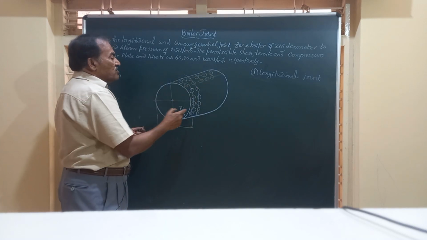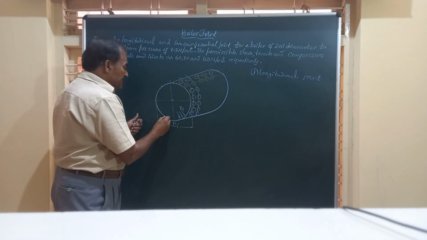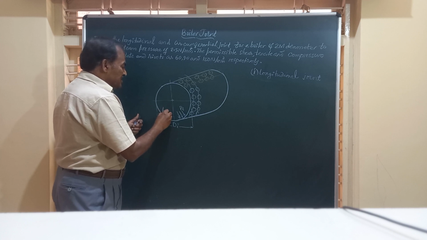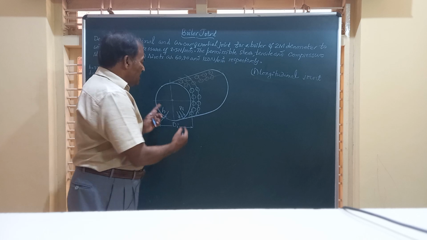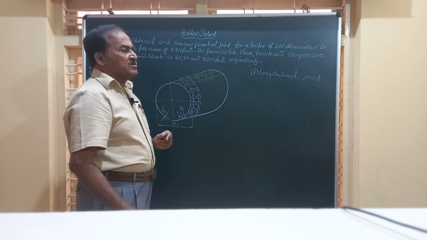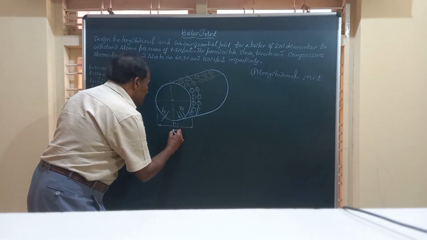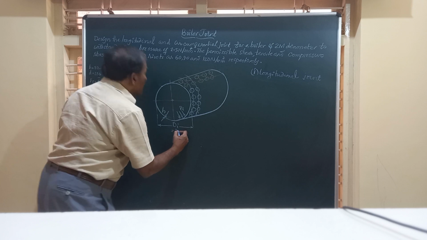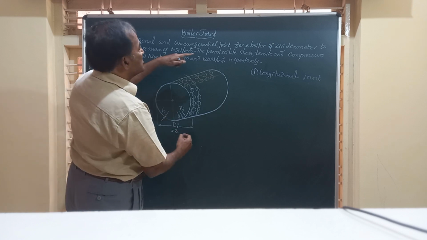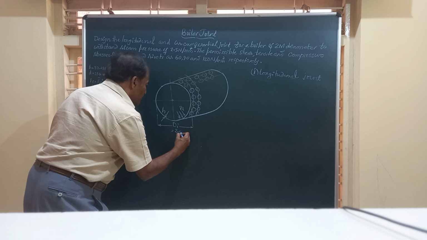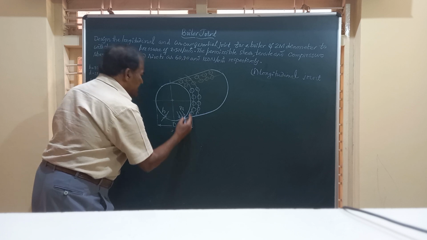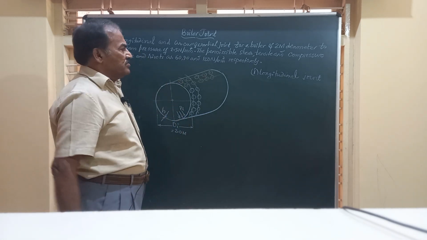So we have to find what thickness of the shell is required. H is the thickness of the shell, and the inside diameter di is given as 2 meter. Pressure is given to you.